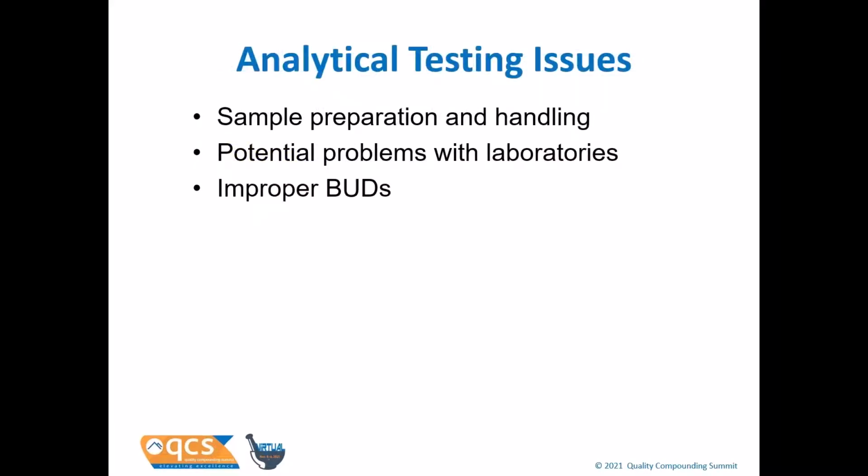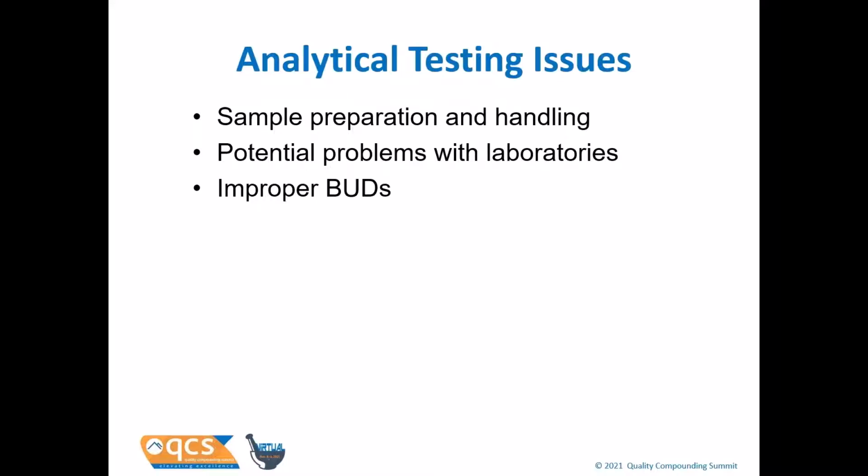Now, we can have potential problems with laboratories, okay? And a lot of the problems occur if the sampling is improperly done, if the sample that's going to be sent is improperly handled, or it is not properly packaged or sent expeditiously.